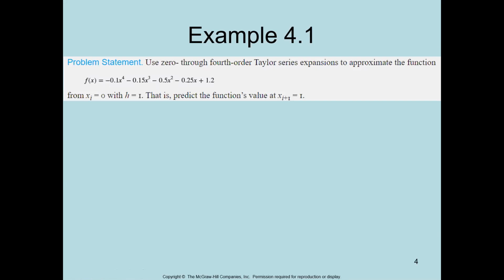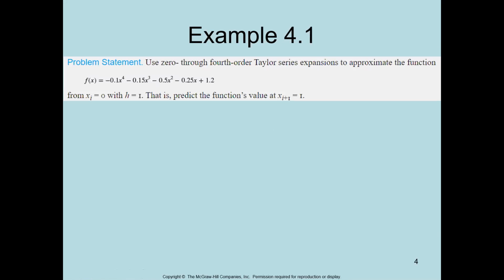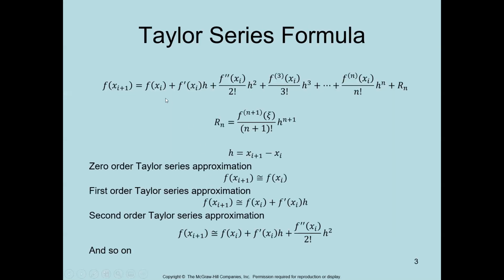As I just said, we have to approximate this function from the 0 through the 4th order. For the 0th order, we will take the first term of the approximation. For the first order, we will take the first two terms of the Taylor series, and so on.